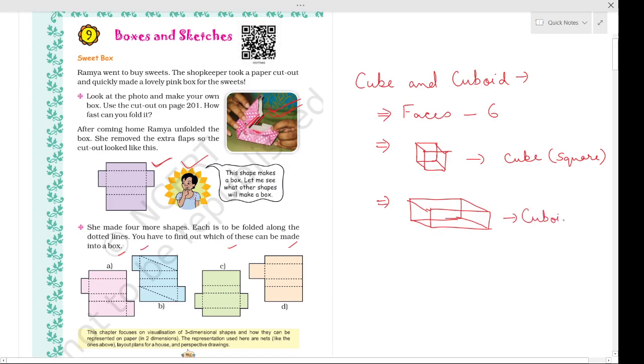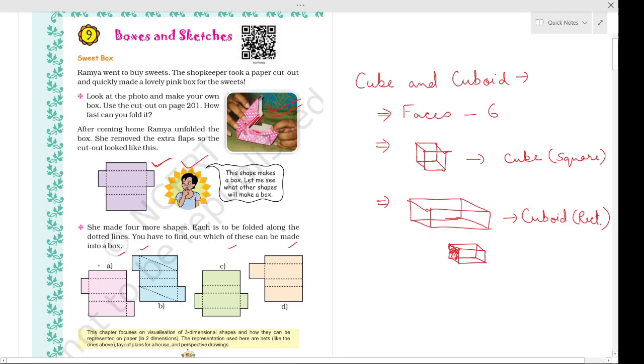But note here, sometimes we have some faces in a cuboid which are in the shape of a square. You can see here this face is in the shape of a square.